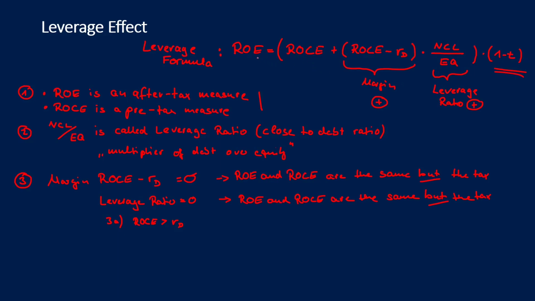So the return on equity will be higher than the return on capital employed because you will add something to the return on capital employed, something positive. I write down ROE gets higher, or it's increasing, right? ROE gets higher, and this is what we call the leverage effect.